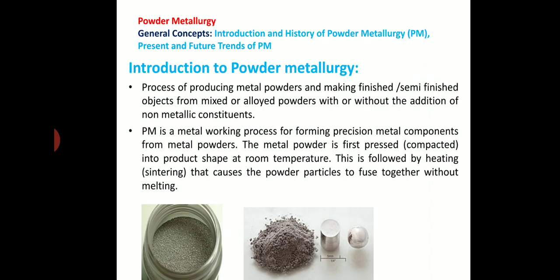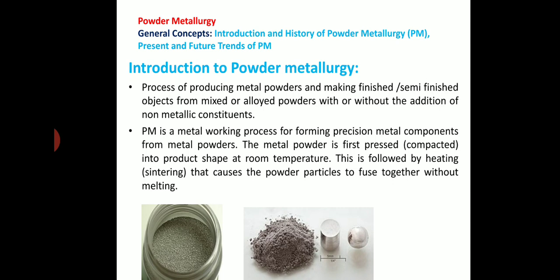Powder metallurgy is the process of producing metal powders and making finished and semi-finished objects from mixed or alloyed powders with or without the addition of non-metallic constituents. Powder metallurgy is a metalworking process for forming precision metal components from metal powders.